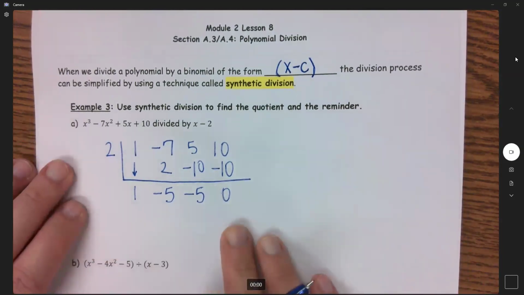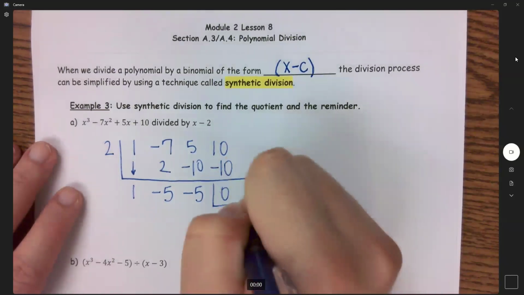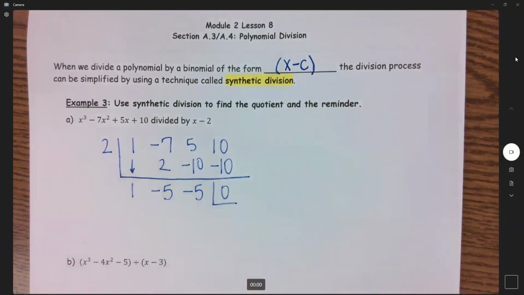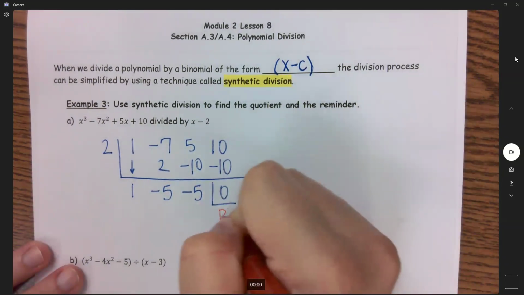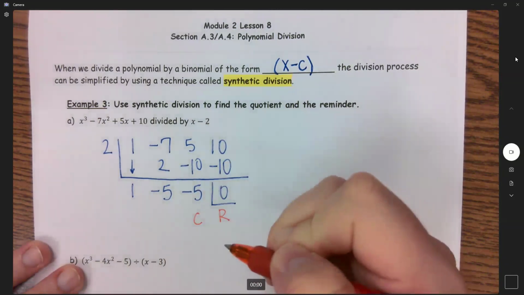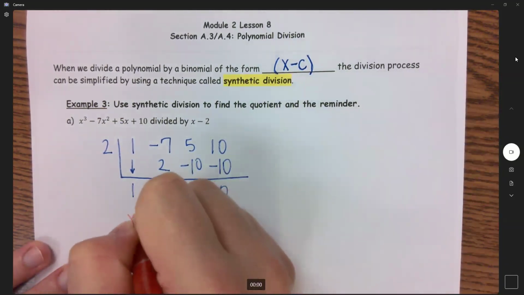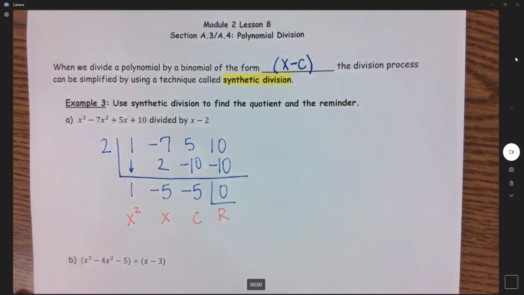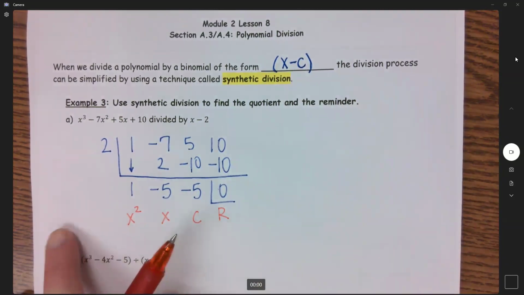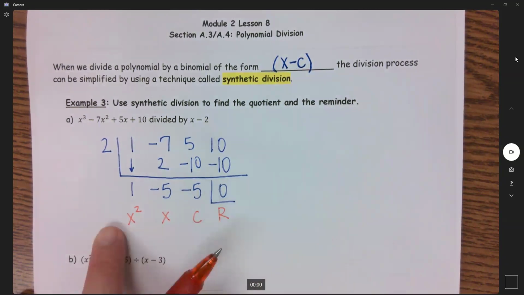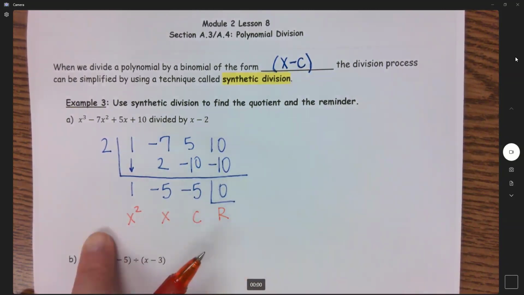Okay, so here's our answer. This last number here will always be your remainder. And then here is my constant, my coefficient to my x, and my coefficient to my x squared. If we had more, then it'd be x cubed, x to the 4th, x to the 5th. So it's always going to be ascending when you go this way.